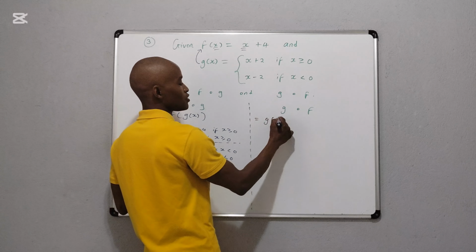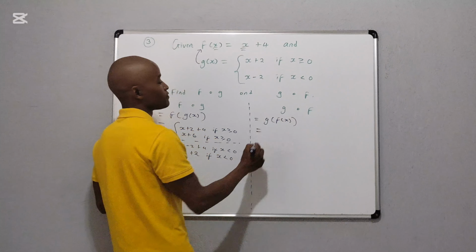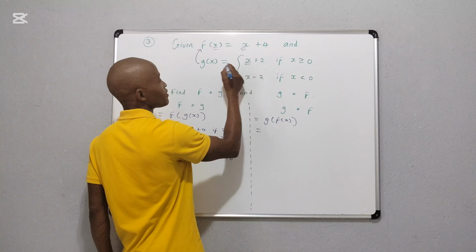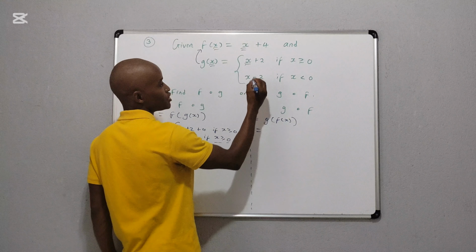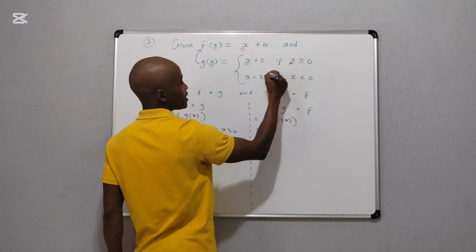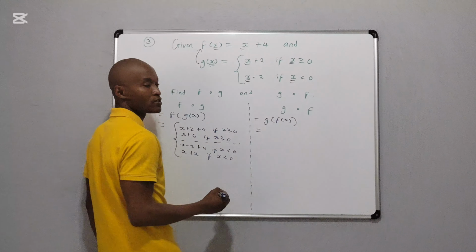Now we take the composition of g and f. So this is g composed of f. So what are we saying? In place of x here, wherever we see x in g, we're going to plug in the expression of f, including the restrictions, right.